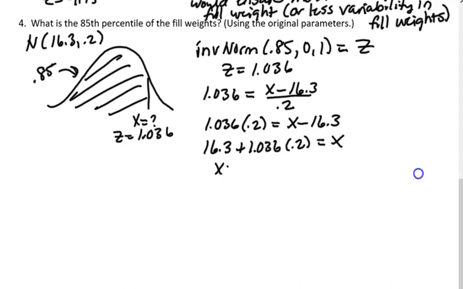So when I calculate that, x is 16.5073 ounces. Now here's where I want to show you something that I think you'll really like on the calculator.